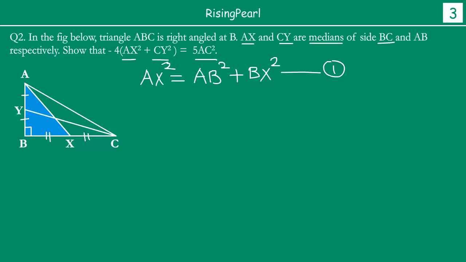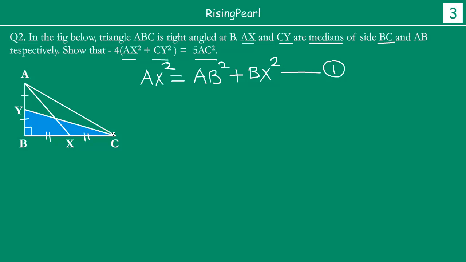Now similarly, how can we get CY square? CY is this line, which is the other median. So as you can imagine, now we are going to focus on this triangle highlighted in blue. If you look at triangle BCY, it's right angled at angle B. So this is the right angle triangle.